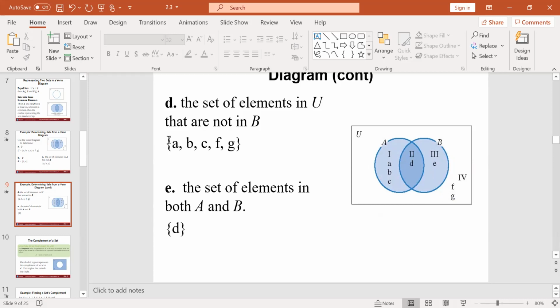So the set of elements in U that are not in B is A, B, C, F, G. You ignore the things that are in B. Using some terminology we're about to start using in just a moment, you could say that's B complement. You could totally say that. B complement is what this set is.